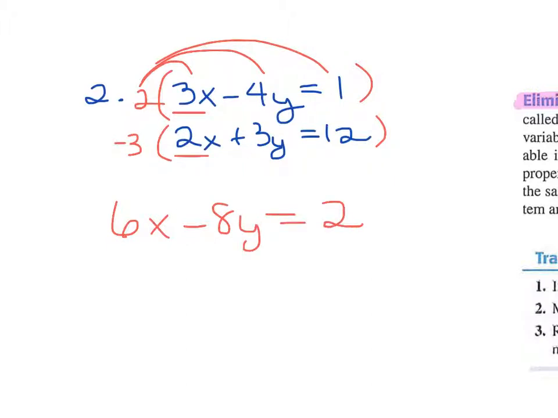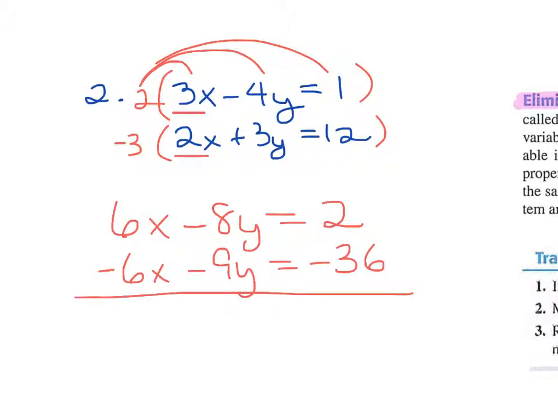And then the bottom one will become -6x minus 9y equals -36. Now that I have one of my variables, either the x or the y, to have the same number but opposite signs, now I can add my equations together.